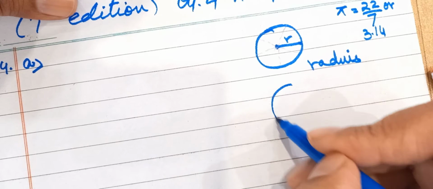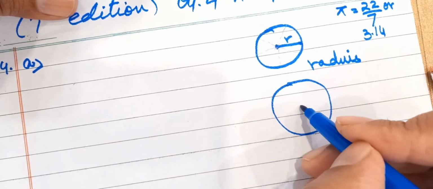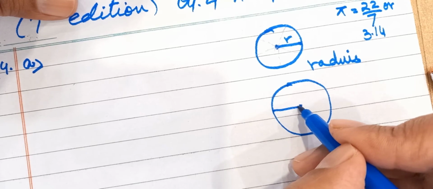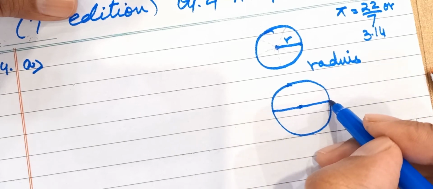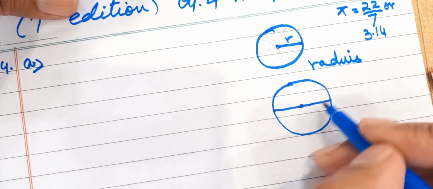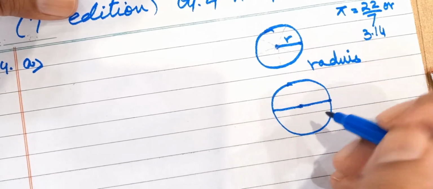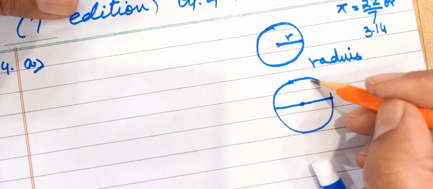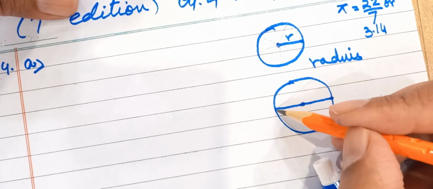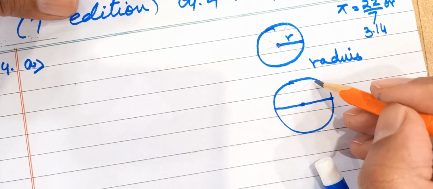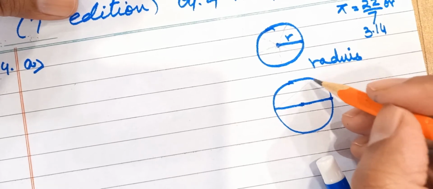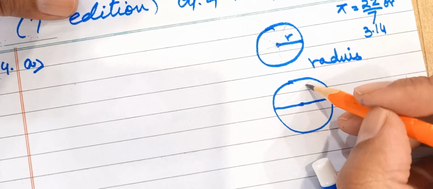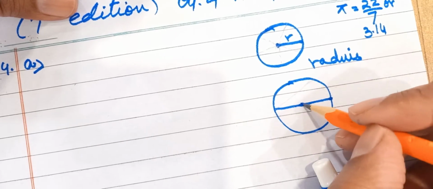If there is a circle, this is the central point. A line starting from this point, passing through the center and touching the other side. It should pass through the center. It's not like I can draw any line and call it a diameter. This line, starting from here and touching the other side, is not a diameter, because it is not passing through the center of the circle.